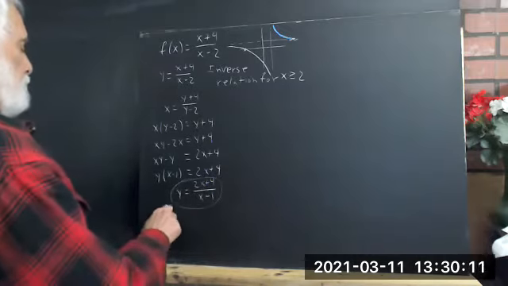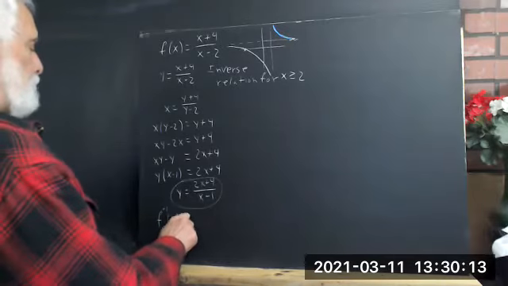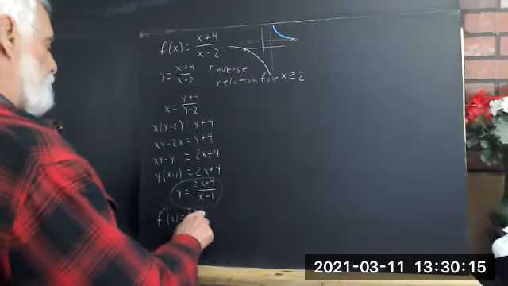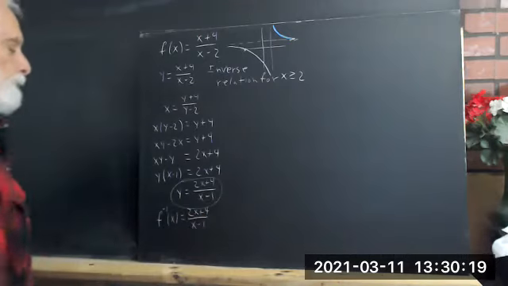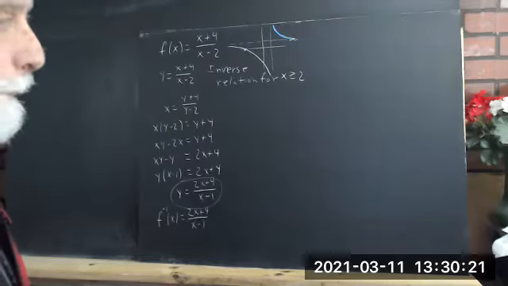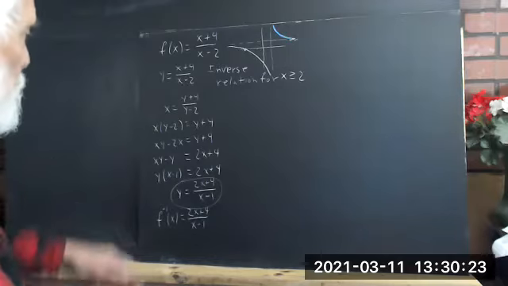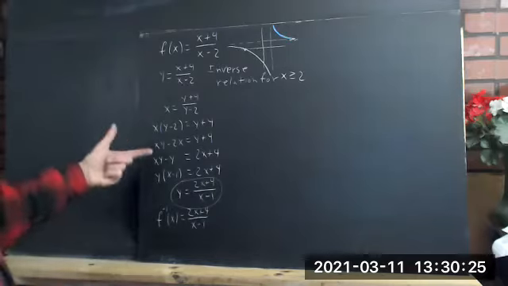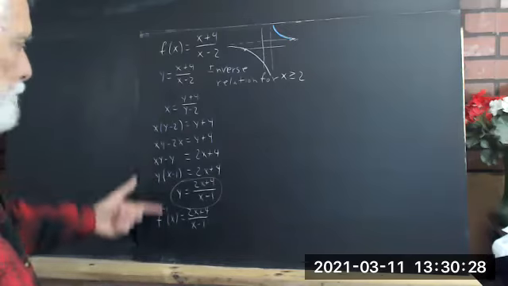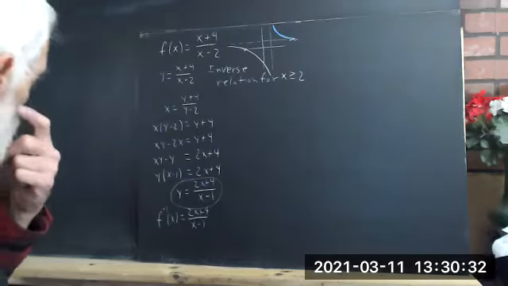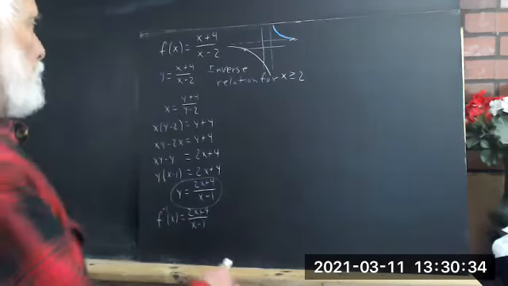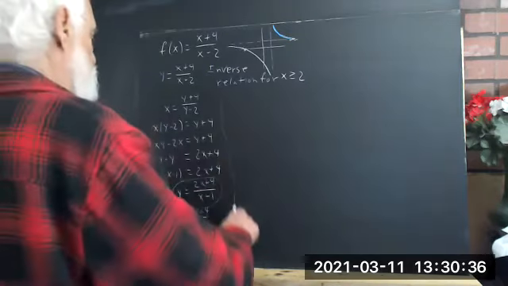So f inverse of x equals (2x plus 4) over (x minus 1). So the algebra here is a little more involved than it has been. So you might want to think about exactly why we do every one of these steps. And then we can verify that this is an inverse relation.